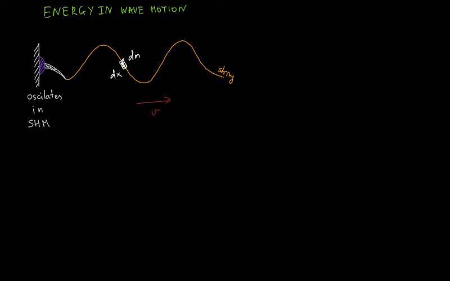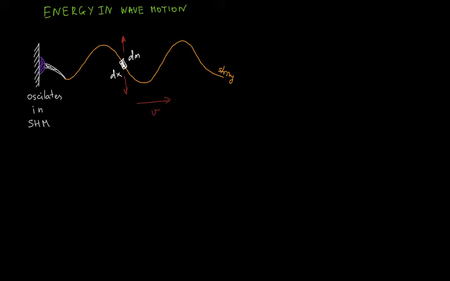Therefore, each element of the string also oscillates vertically as the blade does in simple harmonic motion. In other words, the motion of this tiny element is vertically going up and down as the blade does.